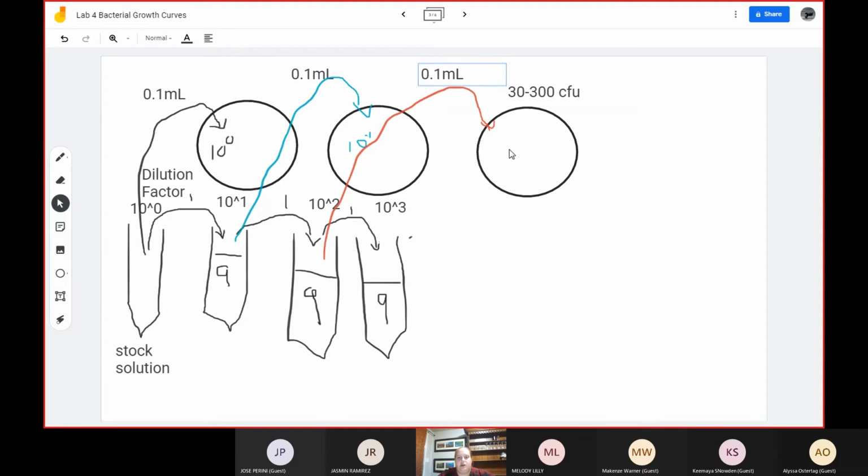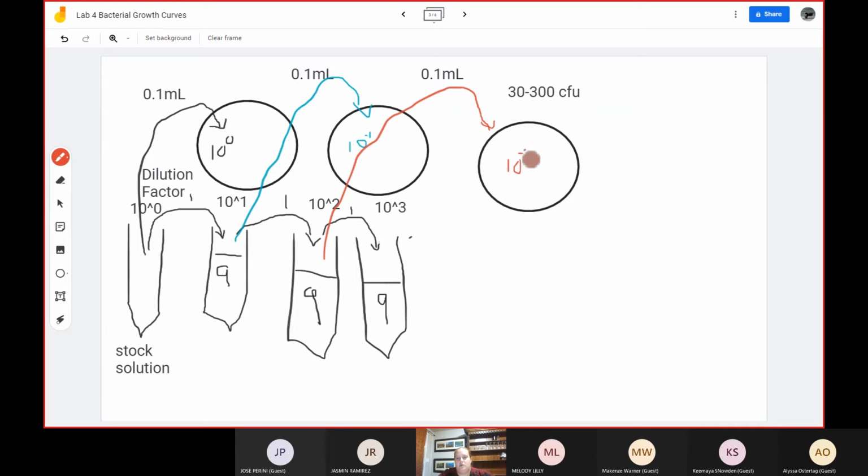And this would be our 10 to the minus 2. So each tube that we create through this serial dilution is going to have a factor of 10 less bacteria in it, and we can plate that to see the result in how our bacteria are growing.